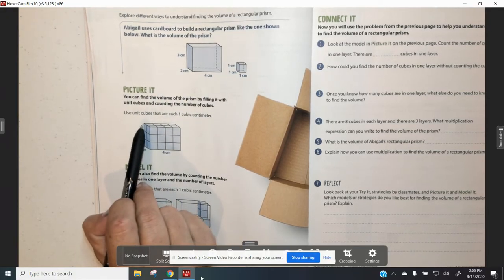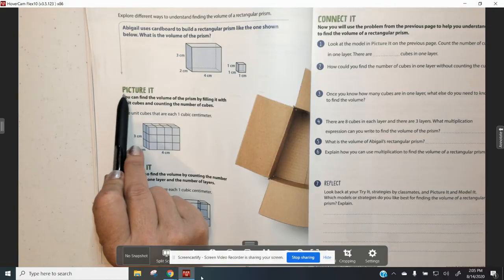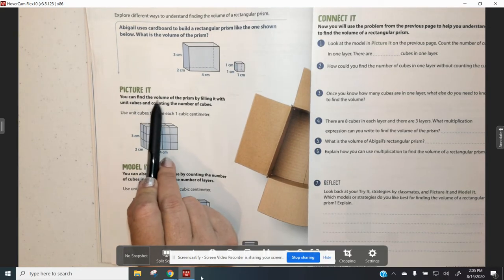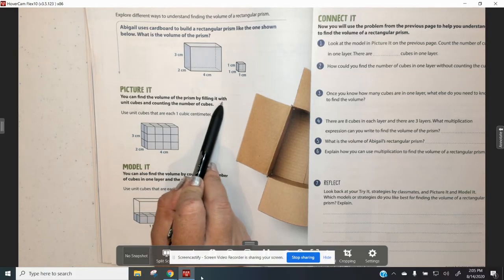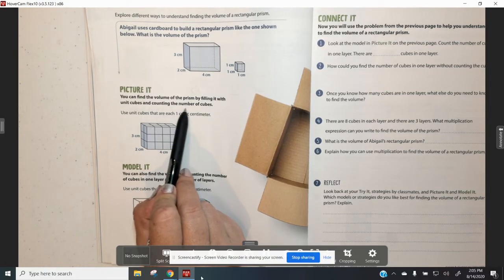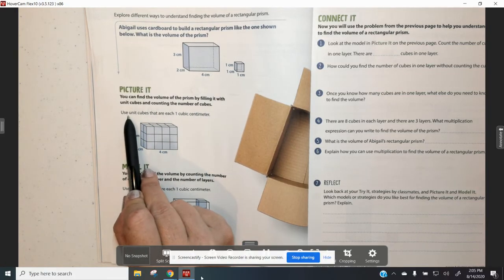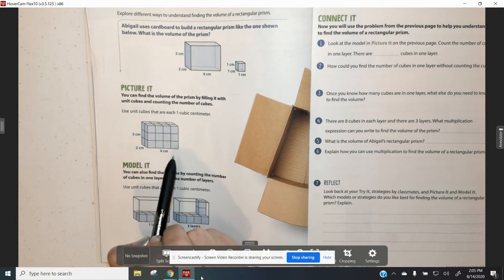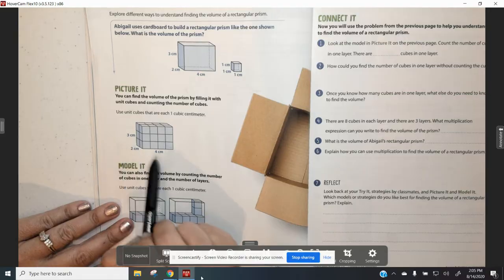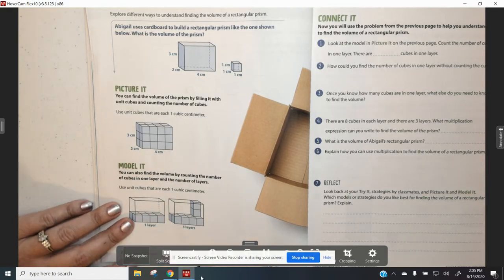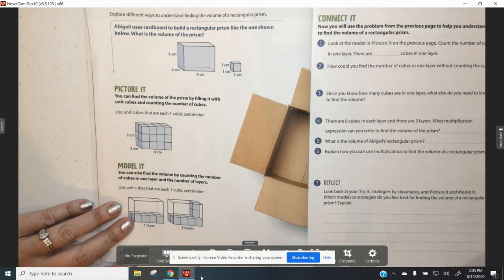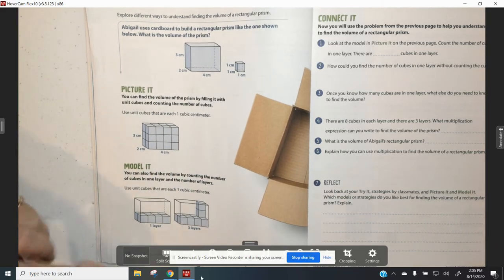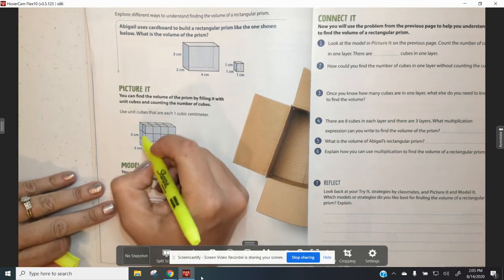So the first method that they give us is in this picture, and it says, you can find the volume of the prism by filling it with unit cubes and counting the number of cubes. So using unit cubes that are each 1 centimeter, you could go in and put those cubes in. And so that's when your highlighters would come in handy if you had the picture drawn like this, because you could highlight your 3 layers.